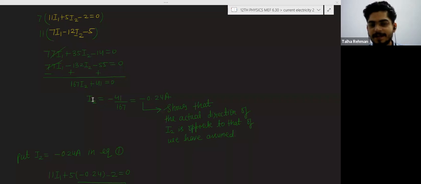If you are finally getting the negative value of the current, it means that the actual direction of current will be opposite to the assumed direction of it. Okay.